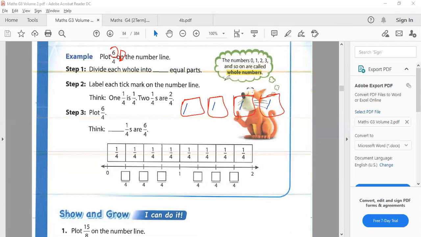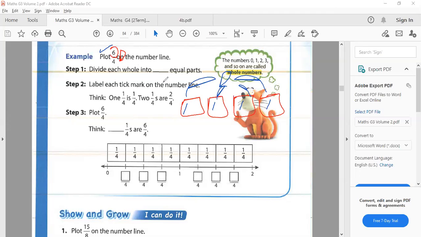Now you need to divide these two cupcakes among 4 persons. So each one will take what? 2 over 4. So that it will be 6 over 4, like this.